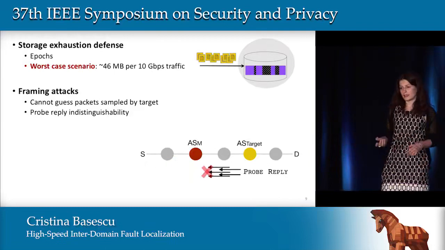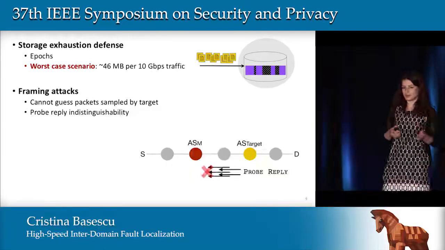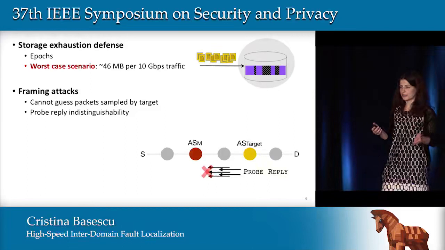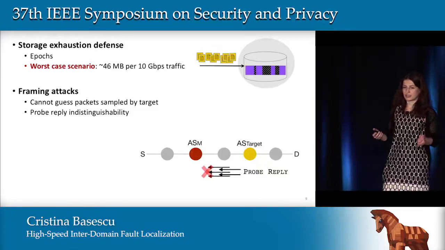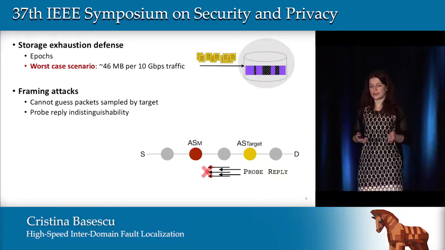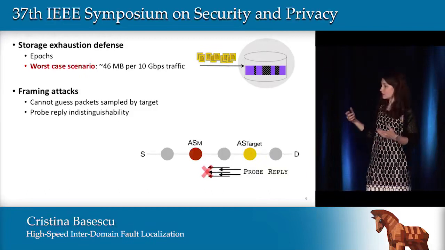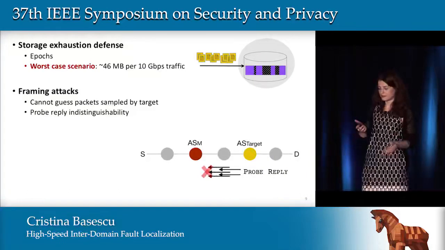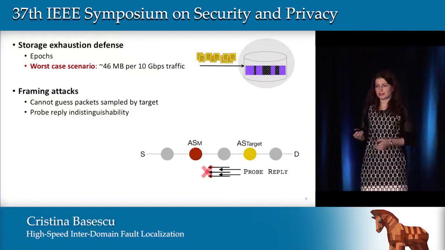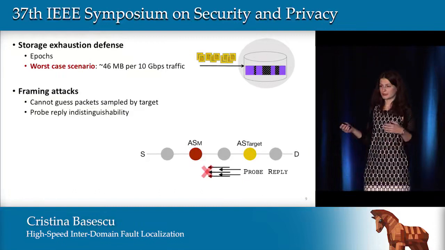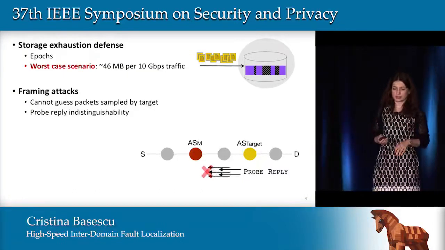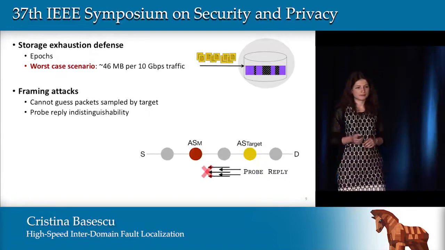A more interesting case is when the malicious node drops replies that originate at the target node. So in this case, the malicious node would make it look like the target node does not send replies because it has something to hide. And to defend against this attack, we make probe replies indistinguishable from each other. And you may know that indistinguishability is a hard problem, but in our setting, it's a little bit easier.